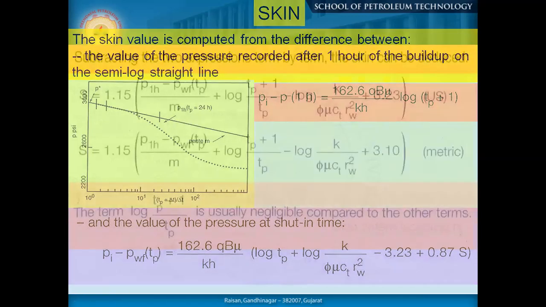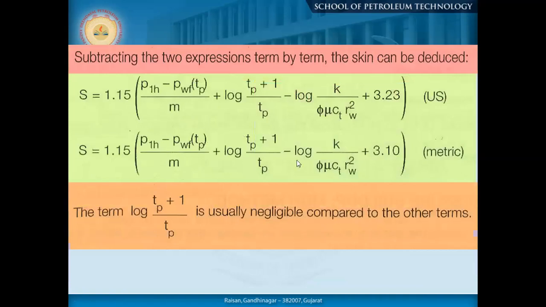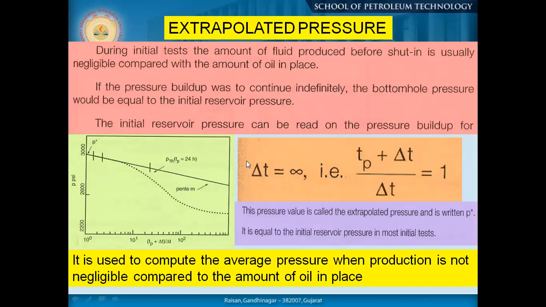Okay, so by putting in the values, you can see in this formulation we have our parameters. By putting the values we get that this value is usually negligible compared to other terms. Okay, so now the extrapolated pressure, I already told you. So this is the normal Horner plot.